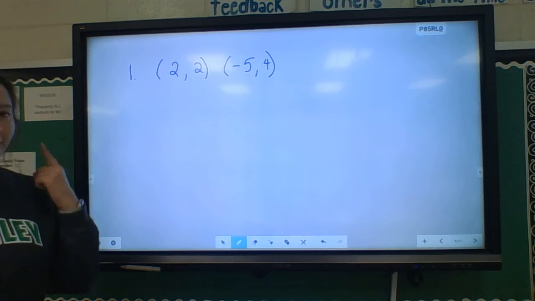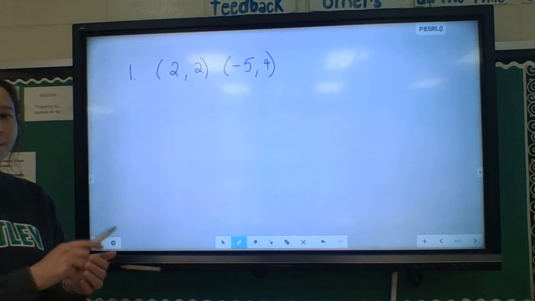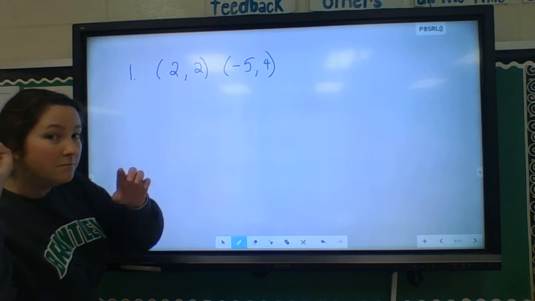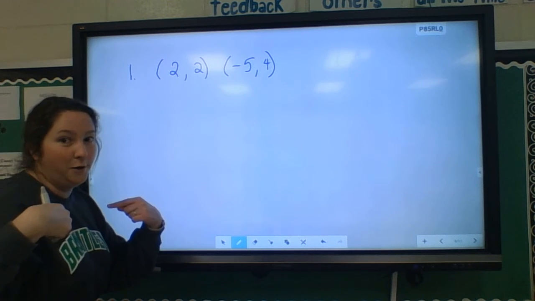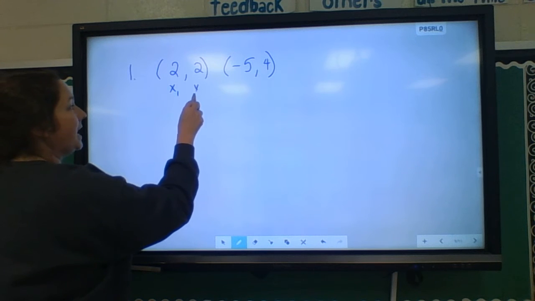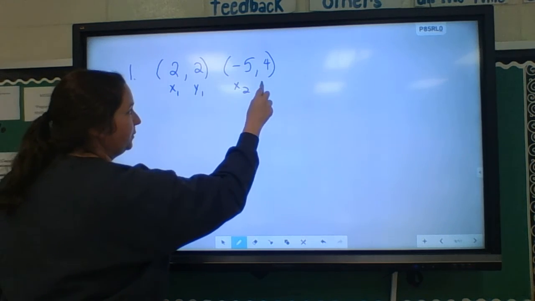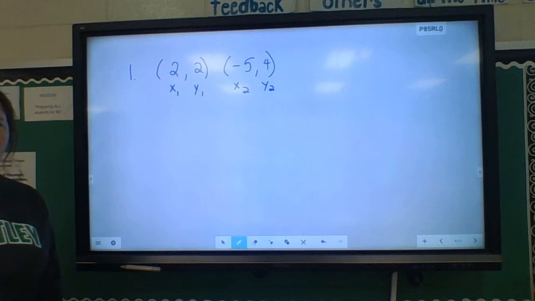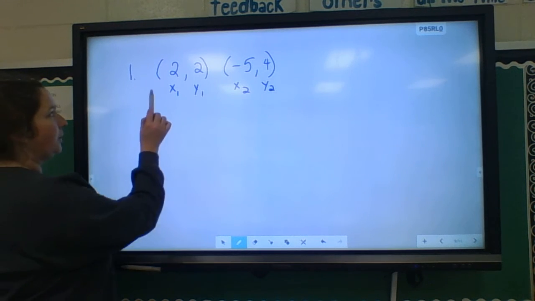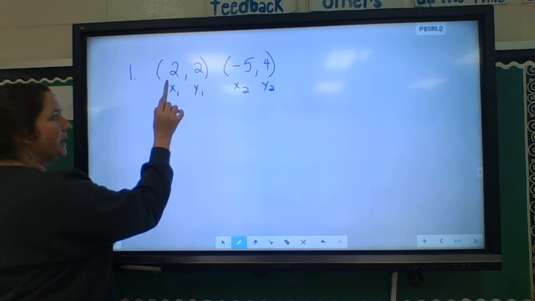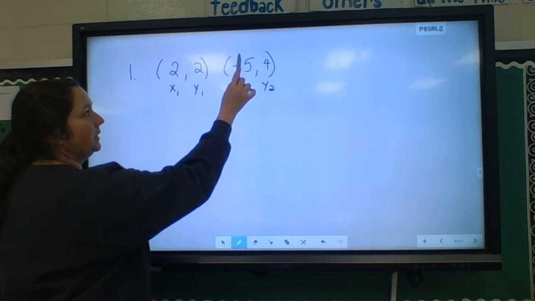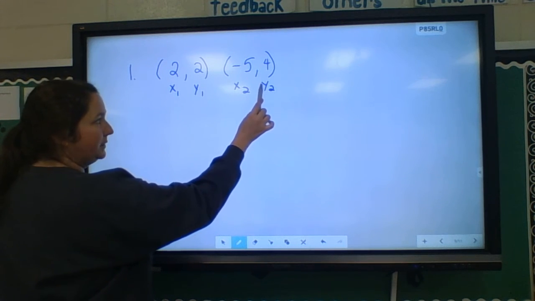All right, so what was our first step? Label the ordered pairs. Remember, X1, Y1, X2, Y2. So I would say X1 is 2, Y1 is 2, X2 is negative 5, and Y2 is 4.